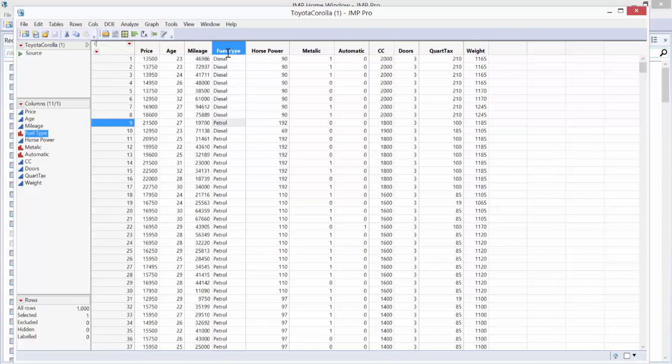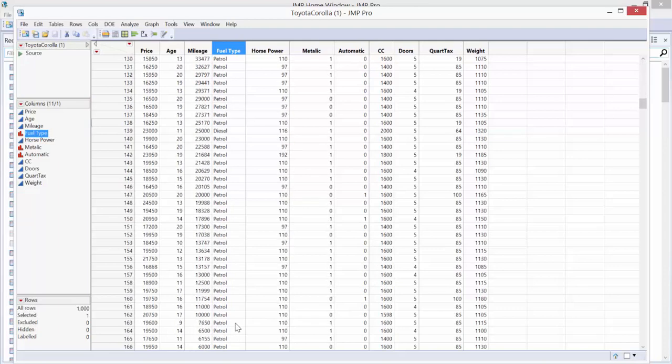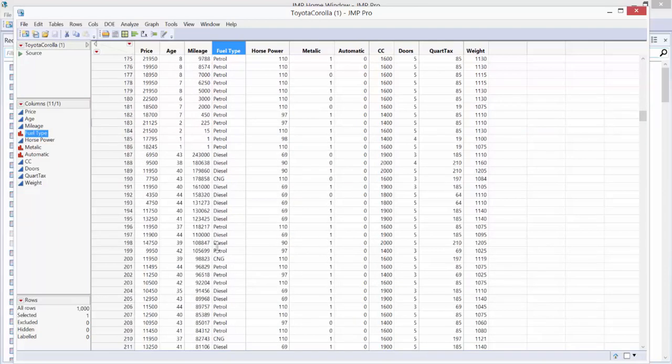Okay, so cars can be diesel cars or gas cars, or if you scroll all the way down, every once in a while you will see something weird that says CNG. What's NG? Natural gas, right? So some countries drive their cars on liquefied natural gas. Like for example, Turkey.